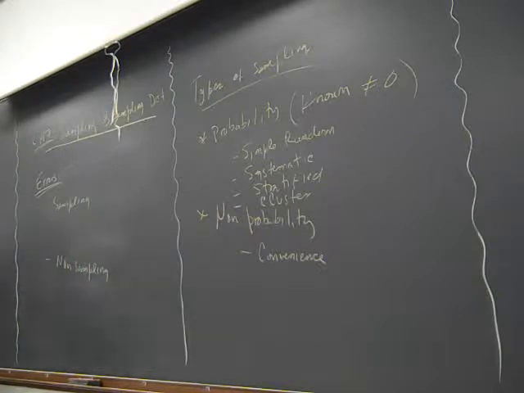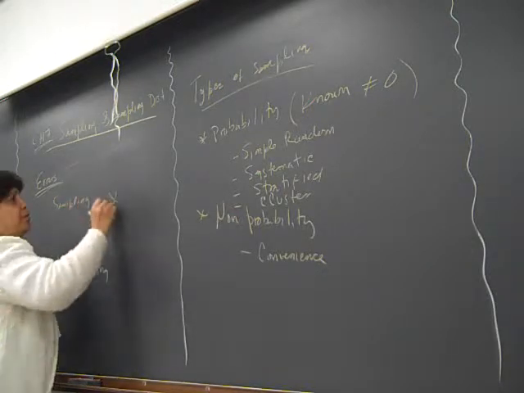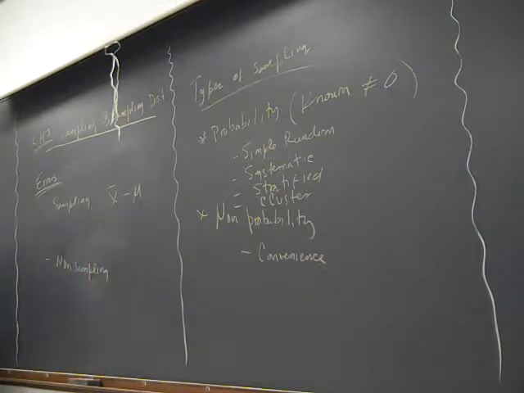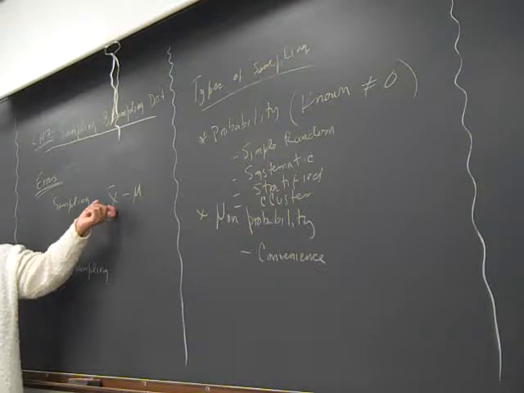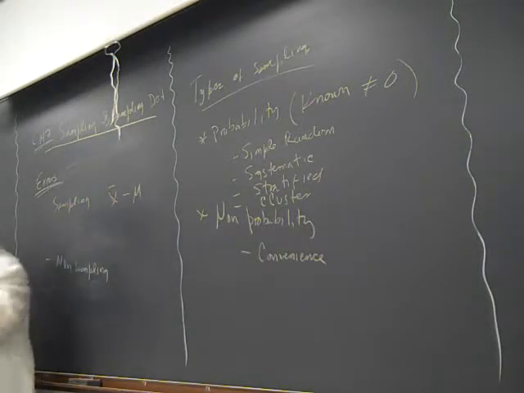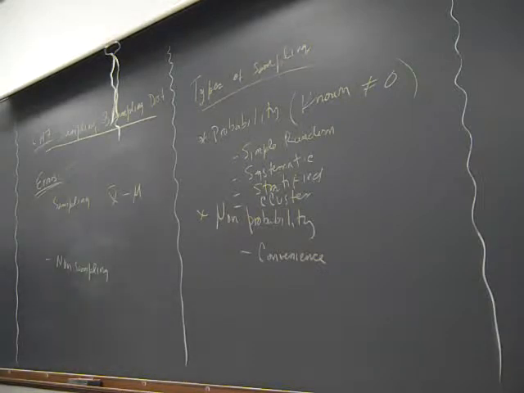Okay, the definition of a sampling error is basically the difference between X bar and mu. That is my sampling error. The difference between the statistic taken from the sample and the real population parameter.